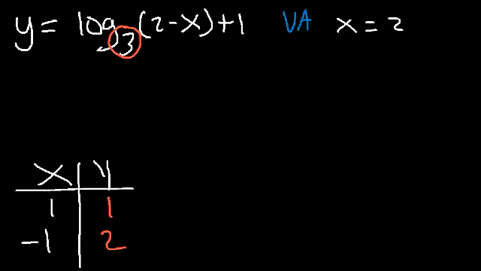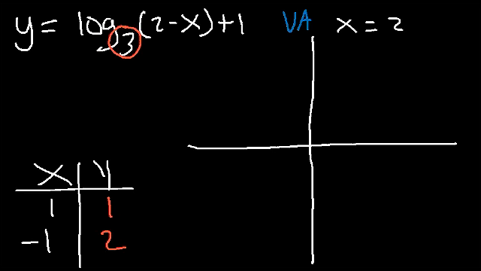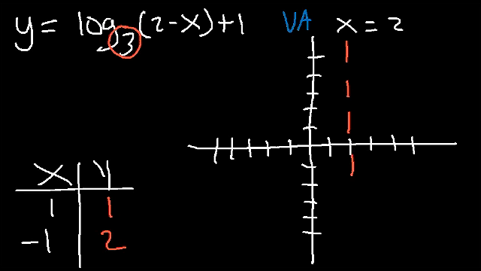So now let's graph it. So the vertical asymptote is at 2, and we have the points 1, 1, which is over here, and negative 1, 2.